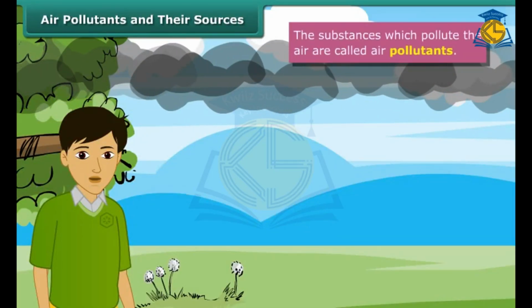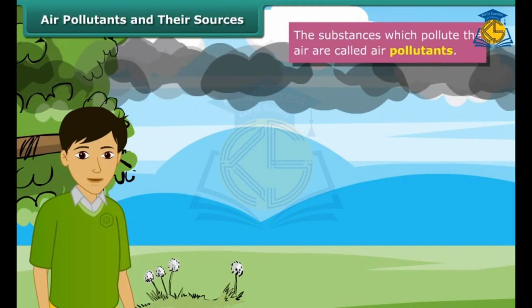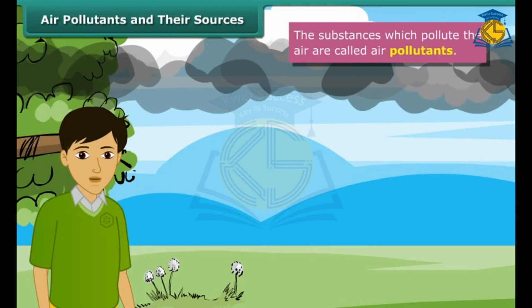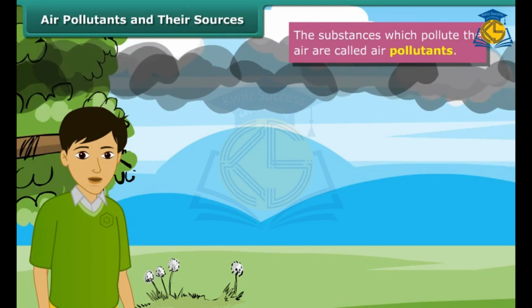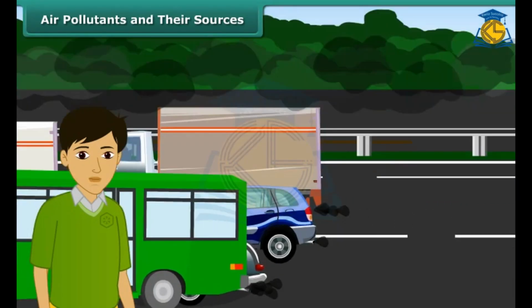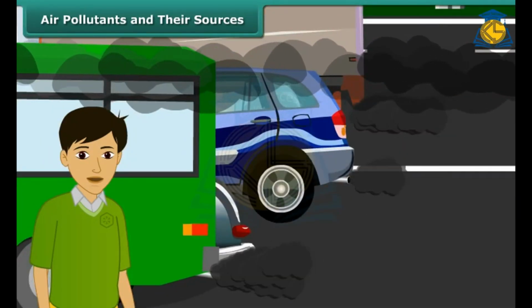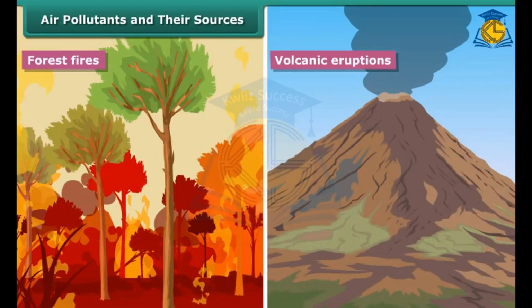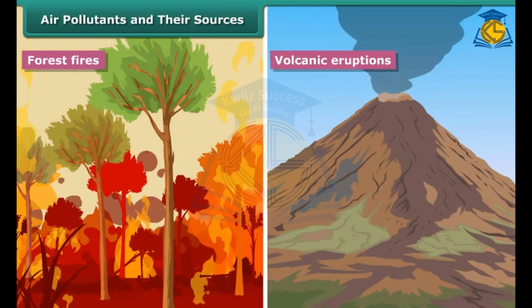The toxic gases like carbon dioxide, sulfur dioxide, nitrogen dioxide, and carbon monoxide. These are often released by the engines of vehicles like trucks and buses. Sometimes they may come from natural sources like smoke and dust arising from forest fires or volcanic eruptions.